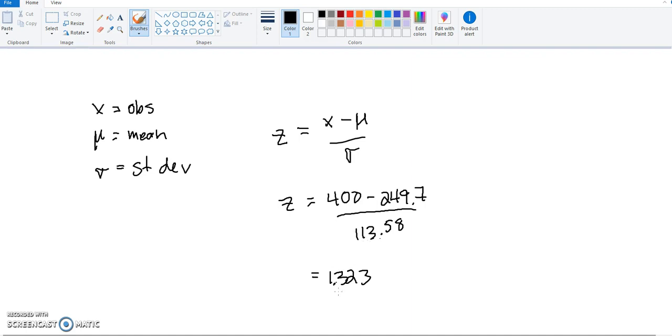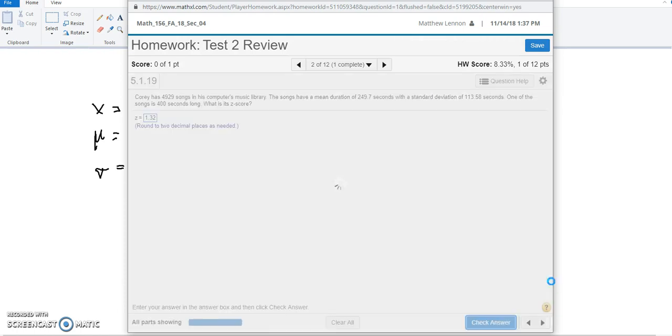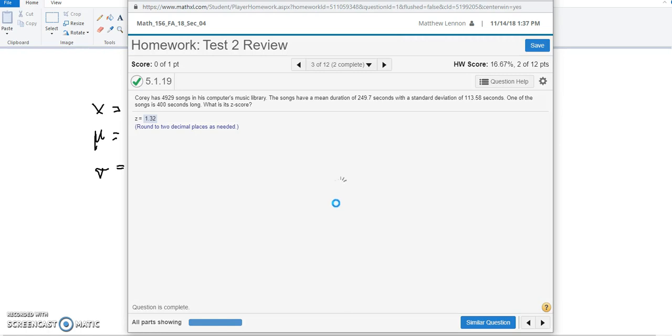But we're rounding to 2 decimal places, so we'll just stick to 1.32. So that's the z-score. All right, on to the next one. So the first two are pretty straightforward.